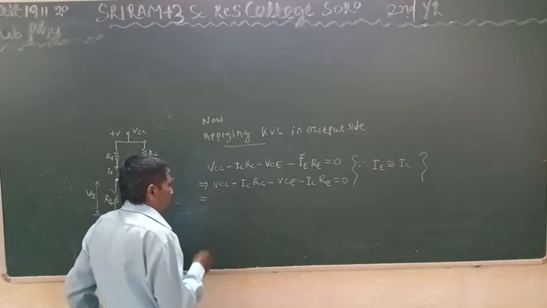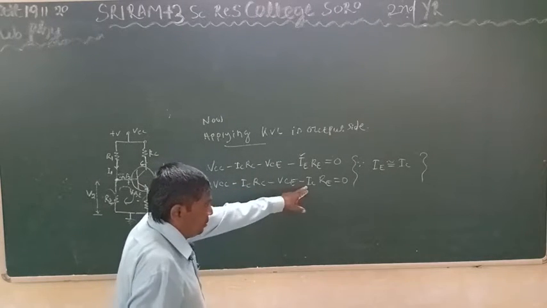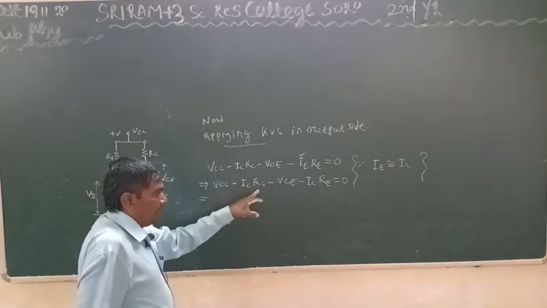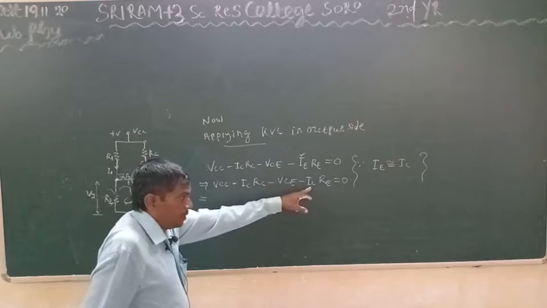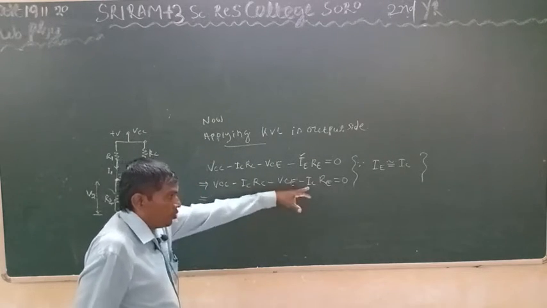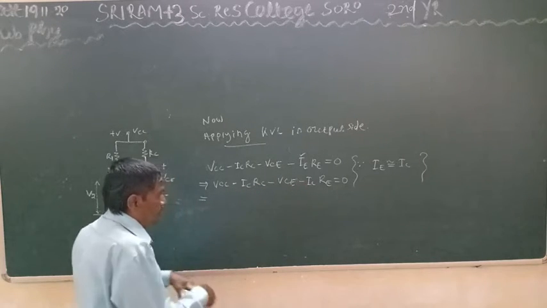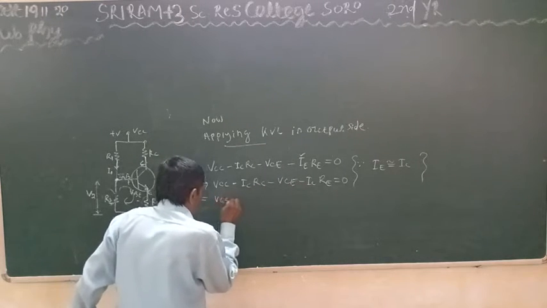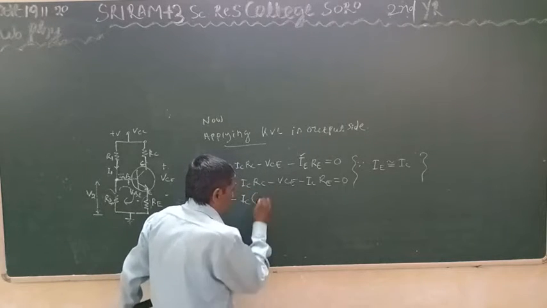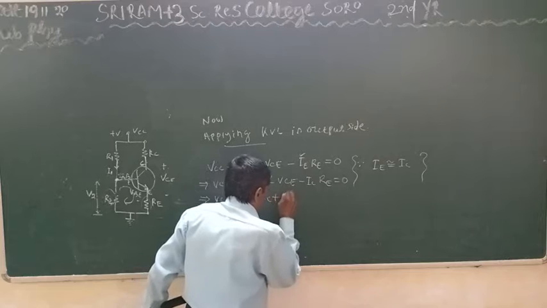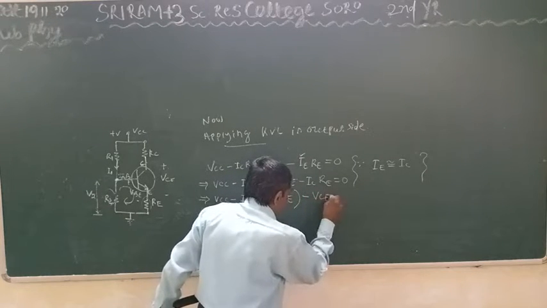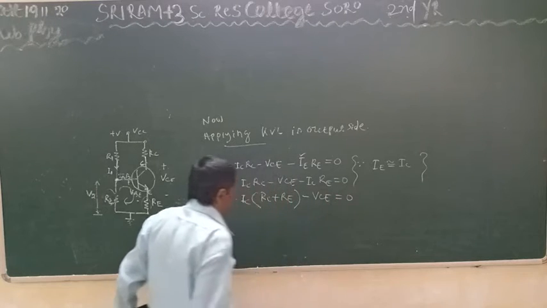Now the common term in ICRC and ICRE is IC. Taking IC as common from these two terms, we get VCC minus IC(RC plus RE) minus VCE equal to 0.